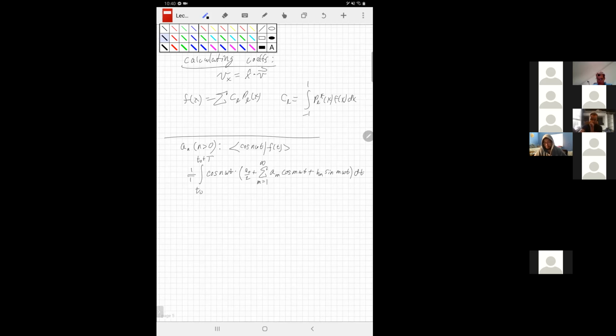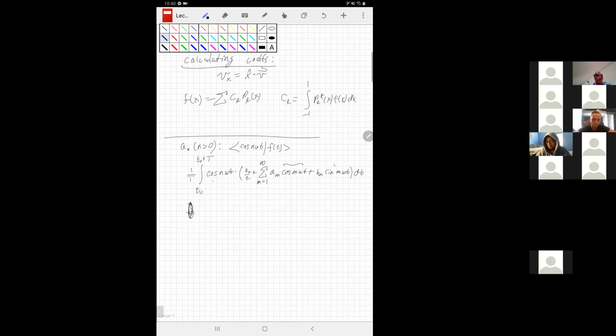And let's think about what will happen, because we're going to multiply the cosine by a constant, then by some other cosine, then as we go through these terms, m equals 1, m equals 2, m equals 3, etc., we're eventually going to get to a term where m equals n. Then we're going to multiply cosine of n omega t by all of these sines. So let's just do all of the cases.